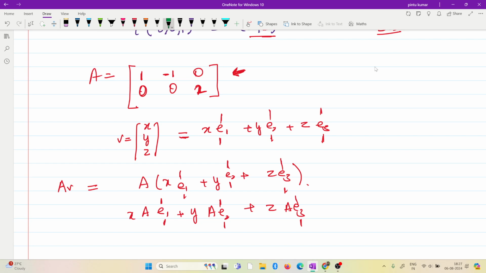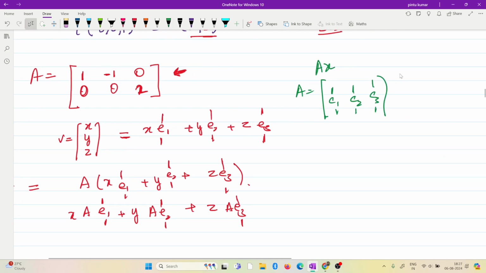If you multiply A by x, last time I mentioned how we can interpret matrix multiplication when we multiply a matrix by a column. Let's say my A has columns C1, C2, C3. That's why I said many a time this interpretation would be very useful.